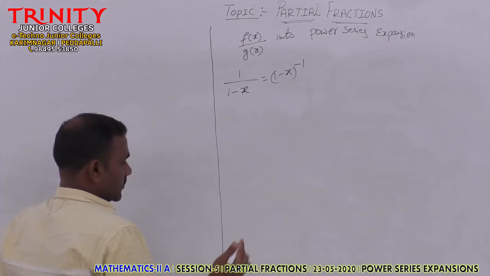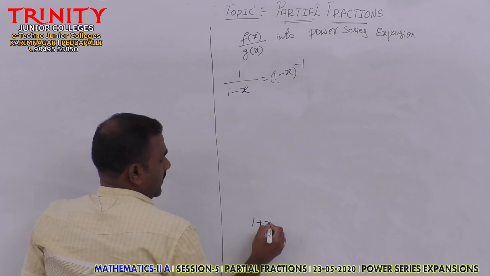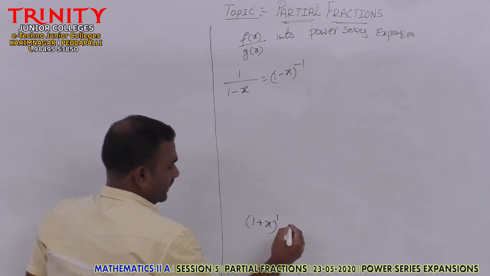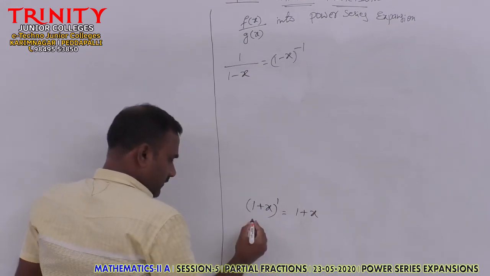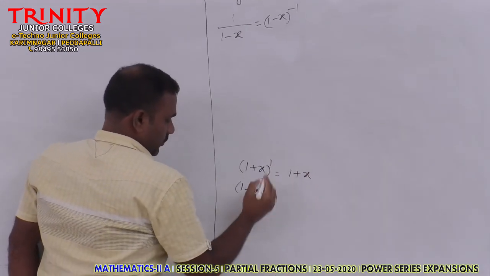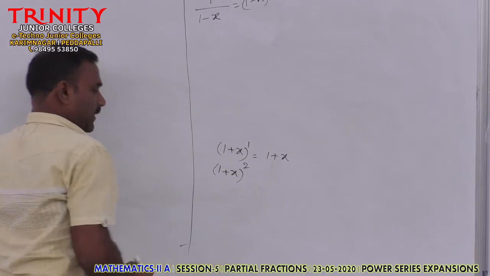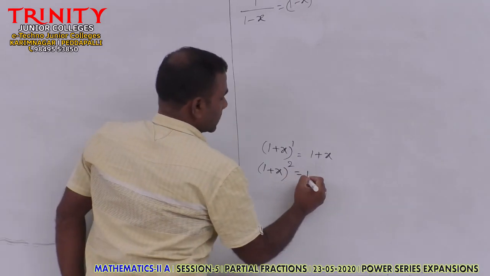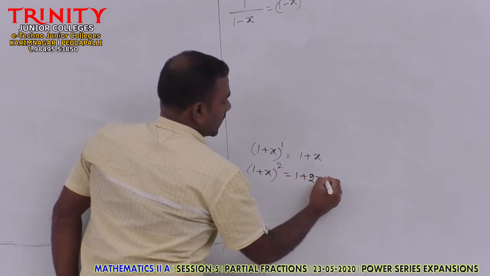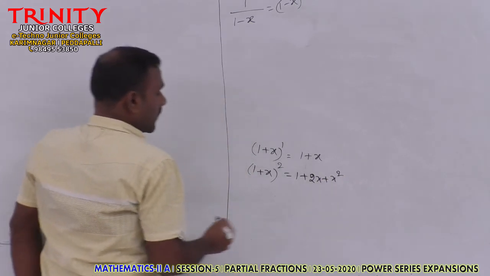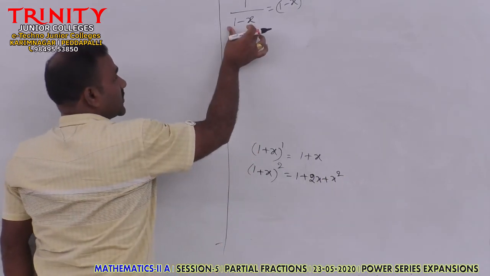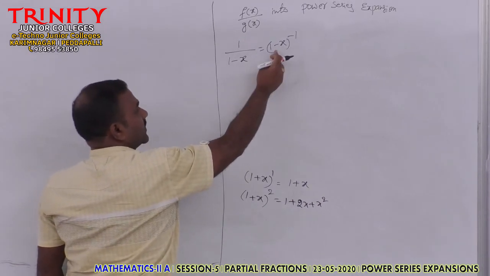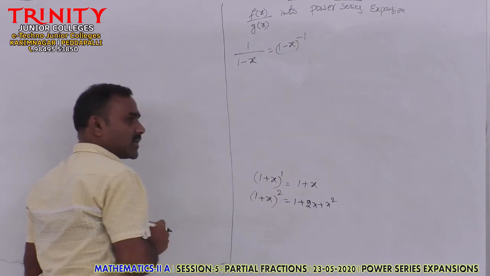If the expression is in the form of 1 plus x whole to the power of 1, we can write this simply as 1 plus x. If the expression is 1 plus x whole square, we can expand it as 1 plus 2x plus x square. But whenever the expression is in the form of 1 by 1 plus x, if we take this into the numerator, it becomes 1 plus x whole to the power of minus 1.